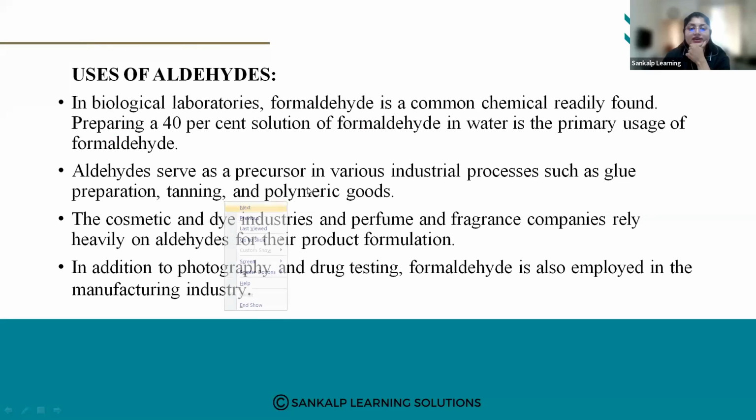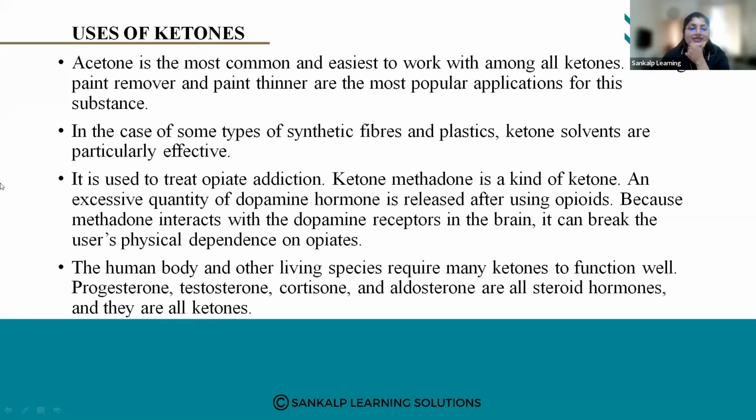Next are the uses of ketones. Acetone is the easiest and most common, and it is easily available in your laboratory. Among all the ketones, you can easily handle acetone. In paint thinner, used when you are painting walls, acetone will be there.